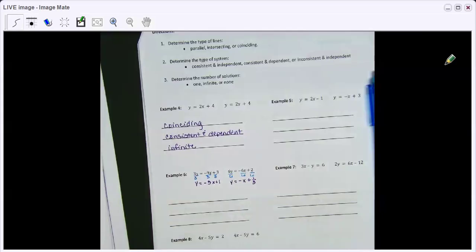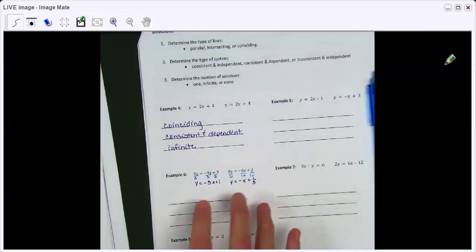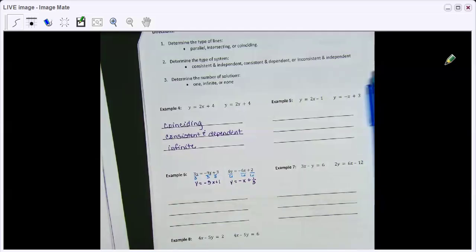So now we need to identify, we know they're not coinciding, right? We know they're not going to lie on top of each other. Can anyone remember from last semester how we can identify whether or not lines are parallel? They have the same slope. Do these two equations have the same slope? No. How do you know?